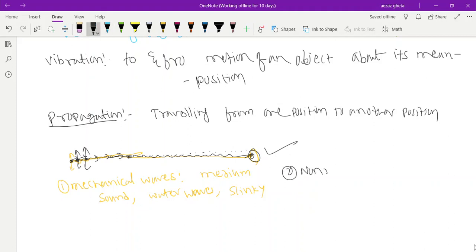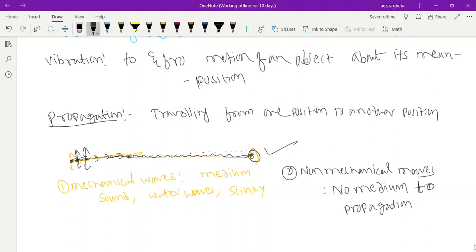Another one is non-mechanical waves. What are non-mechanical waves? The waves which do not require any medium for their propagation. Propagation means traveling. So what are those waves?